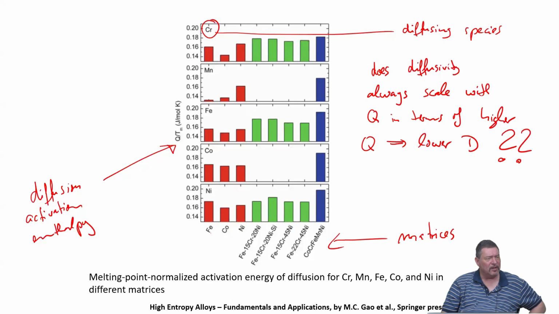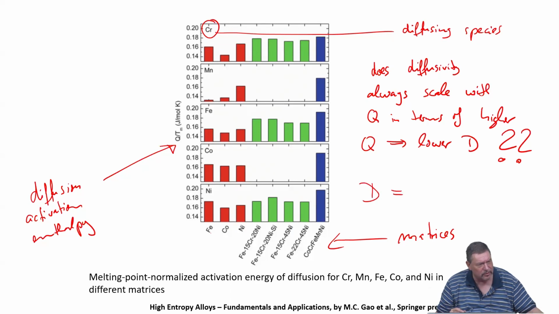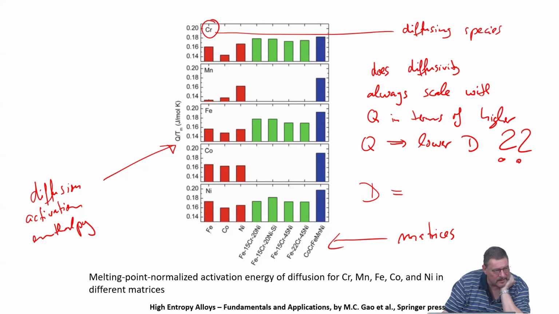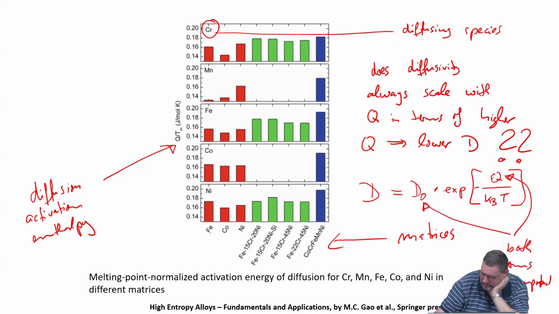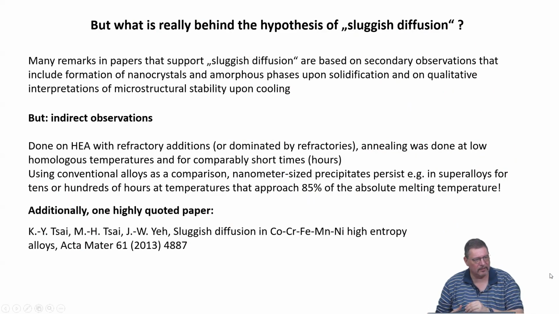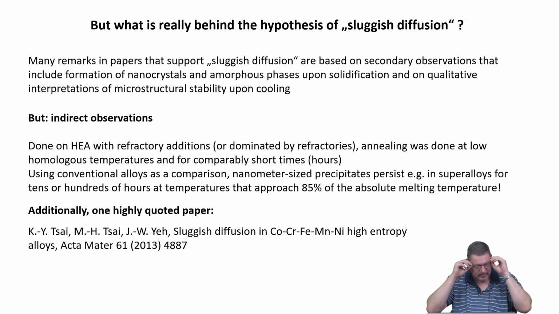But still, when you think of how would you write a diffusion coefficient equation as a function of temperature dependence with Q as the activation barrier? We see often in diffusion measurements that diffusion processes where actually the activation enthalpy barrier can be higher still are the processes which show faster, higher diffusivity.